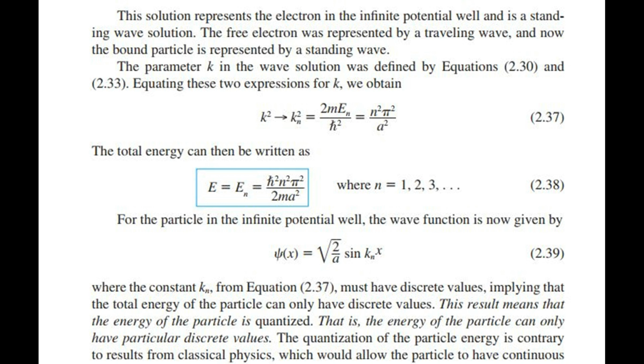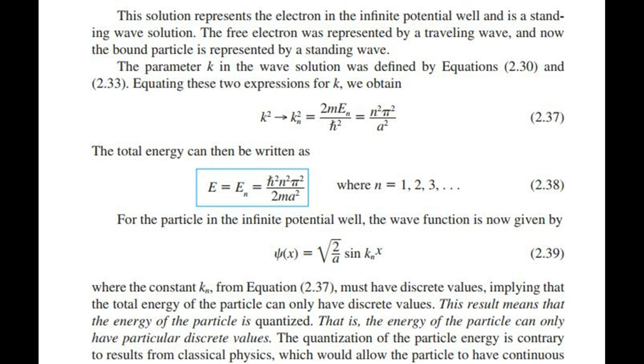For the particle in the infinite potential well, the wave function is now given by the expression where the constant kn, from equation 2.37, must have discrete values, implying that the total energy of the particle can only have discrete values. This result means that the energy of the particle is quantized. That is, the energy of the particle can only have particular discrete values.